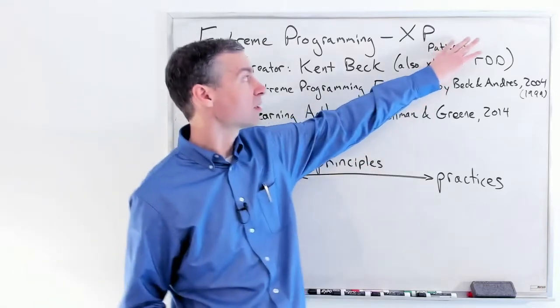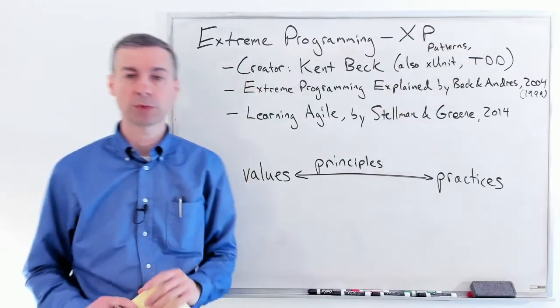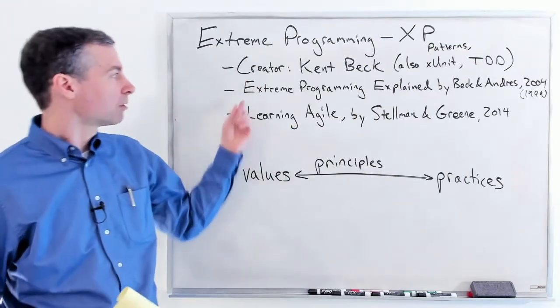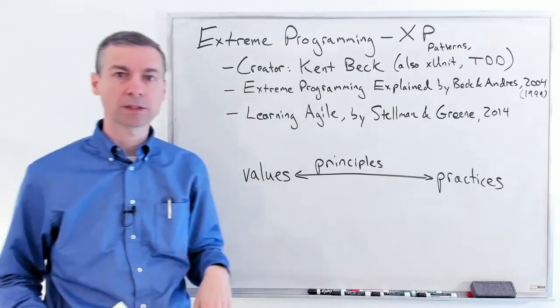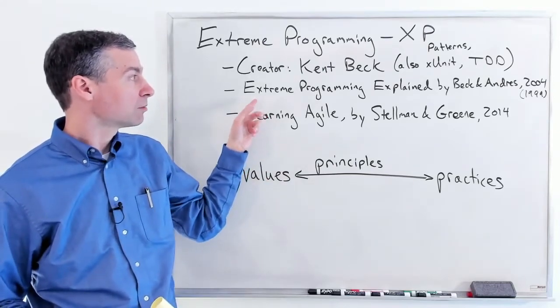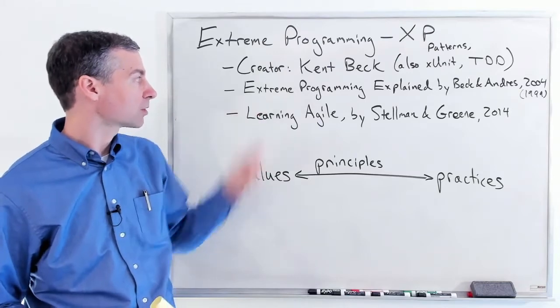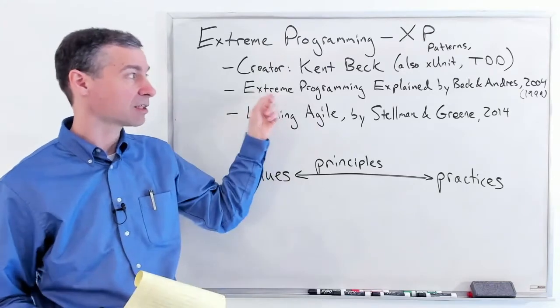And these sorts of things you'll see are embedded inside of extreme programming. The material I'm going to cover comes largely from the book he wrote with Cynthia Andres in 2004, Extreme Programming Explained. This is the second edition.